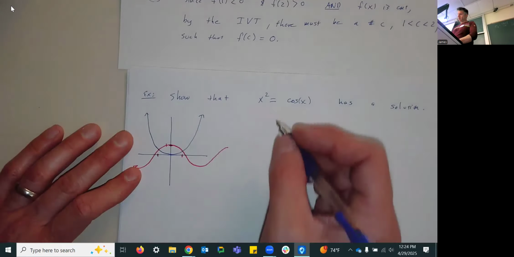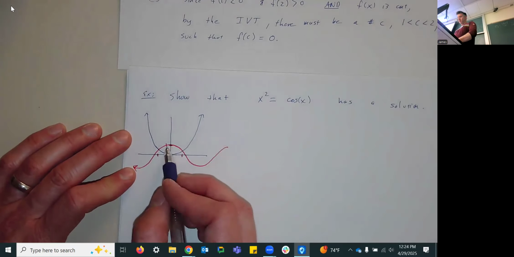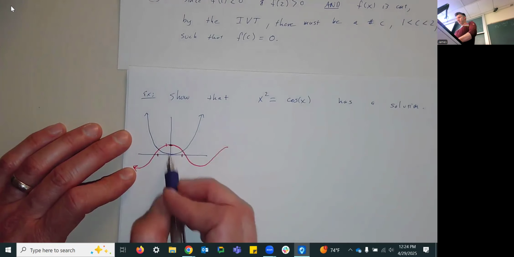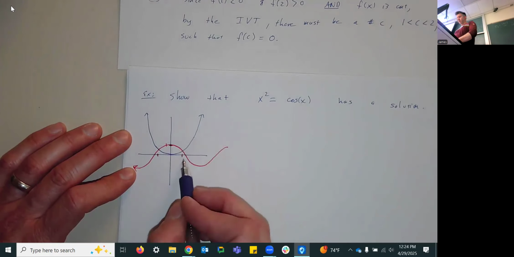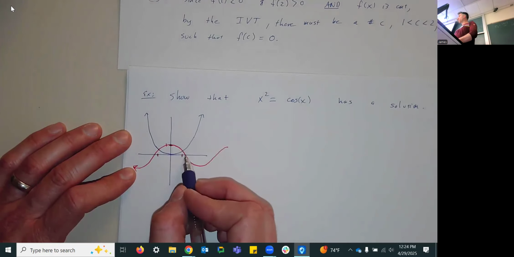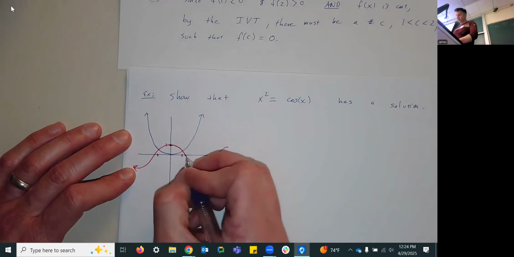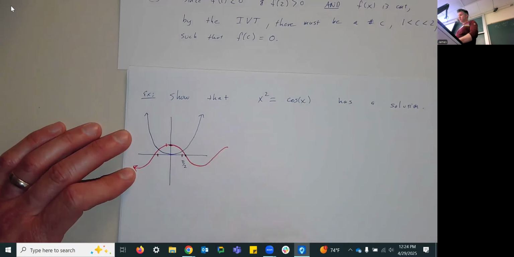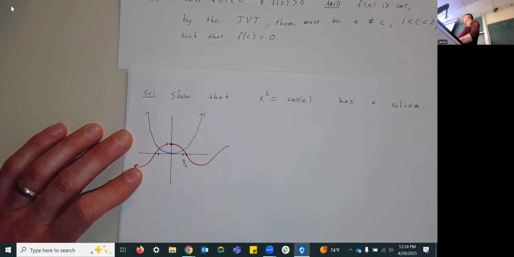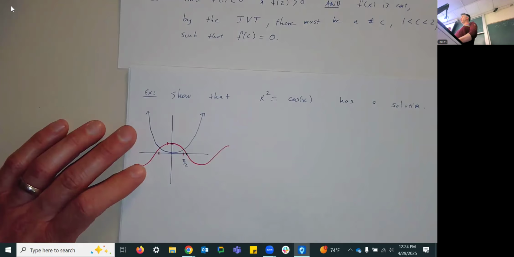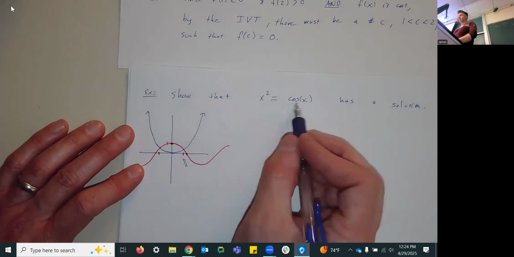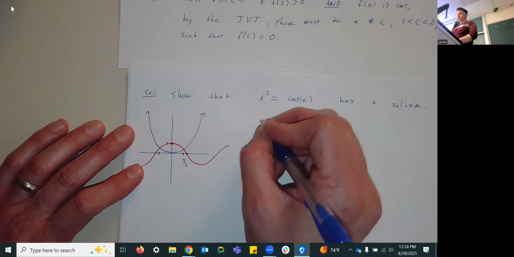So I'm going to think, well, it certainly looks like the red function's bigger at 0, and it looks like the blue function's bigger somewhere over here, like where cosine of pi over 2 is equal to 0. That point there is pi over 2. But I'm really getting ahead of myself. What I should actually do first is make my life easier. Instead of trying to show that this has a solution, we're going to rewrite it.